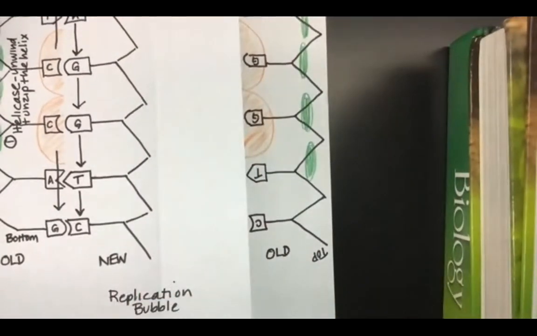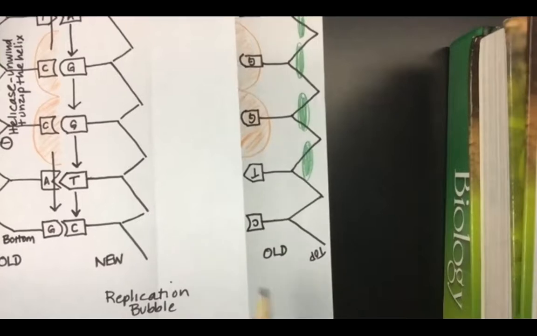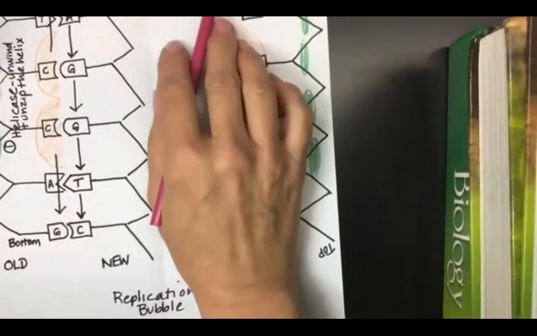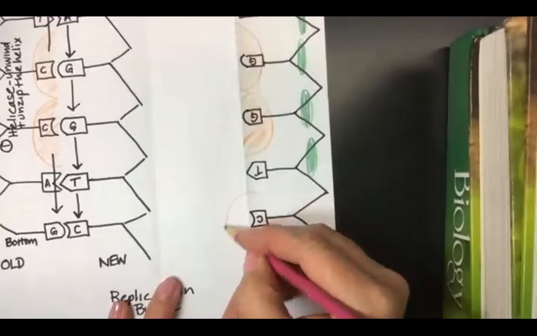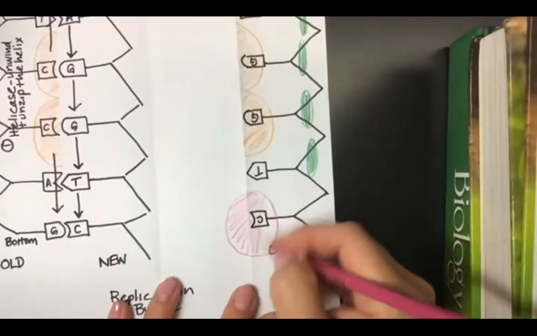And actually, to save some time here, since it does exactly the same thing, we're just going to show the very beginning of this process. Now, remember that our builder can only move from top to bottom, which means that our next polymerase isn't going up here because that's the bottom. Instead, it's putting itself here because this is the top of this strand.